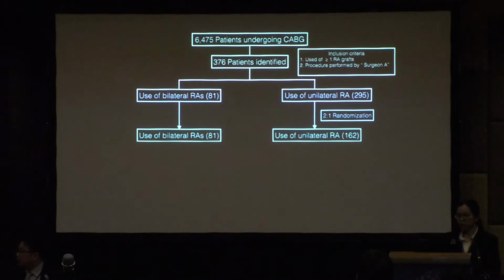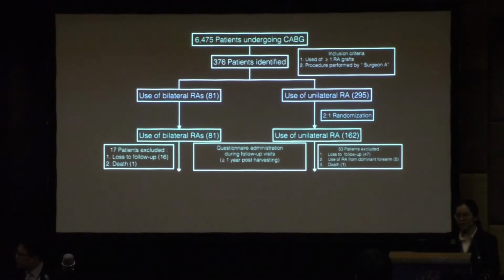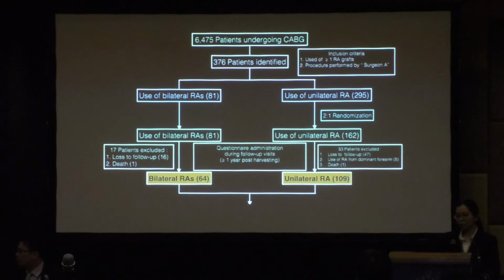First, the patients who had bilateral radial arteries, and another group who had a unilateral radial artery, with random selection by 2:1. We excluded the patients who were lost to follow-up and death in both groups, and excluded the patients who used the dominant hand in the unilateral group. Finally, there were 64 patients in the bilateral radial artery group and 109 patients in the unilateral group that were analyzed.